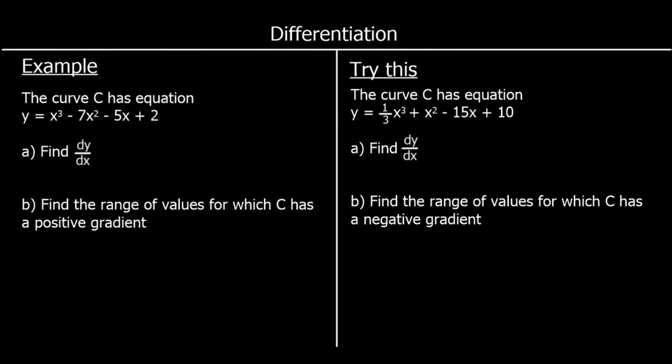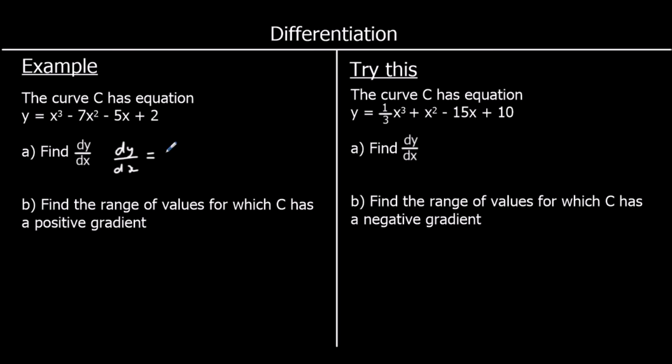And another question. So we've got curve C has the equation y equals x cubed minus 7x squared minus 5x plus 2. And part A says find dy/dx. So we're going to times by the power and take 1 off the power.